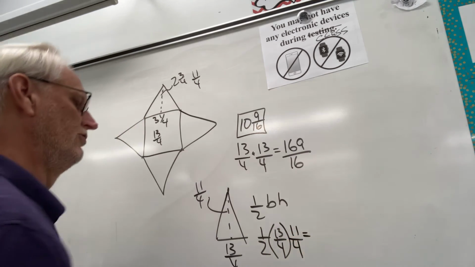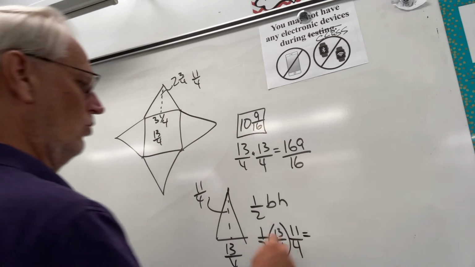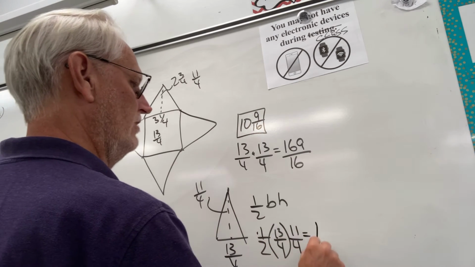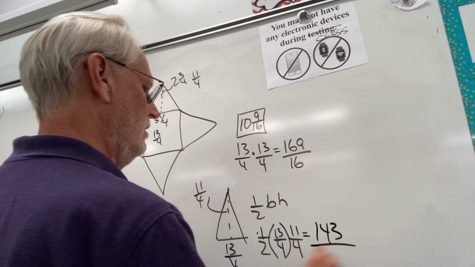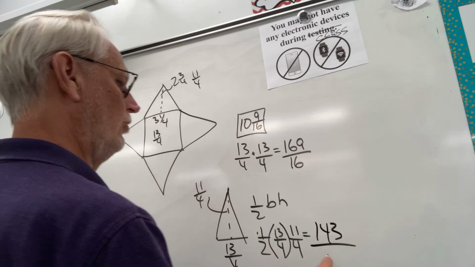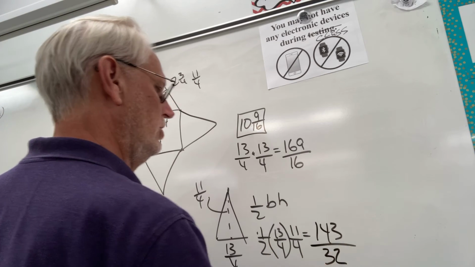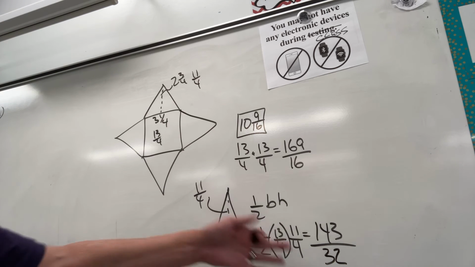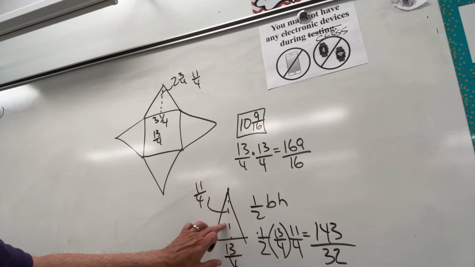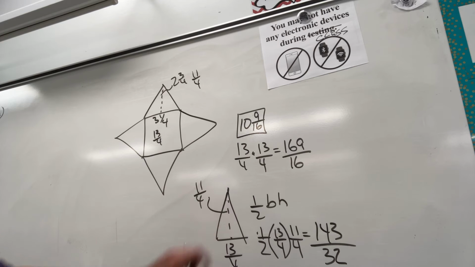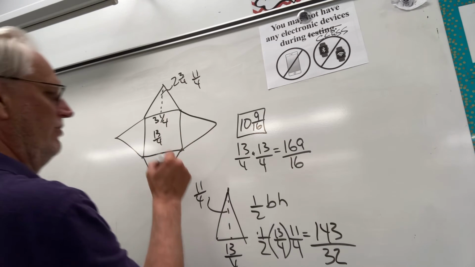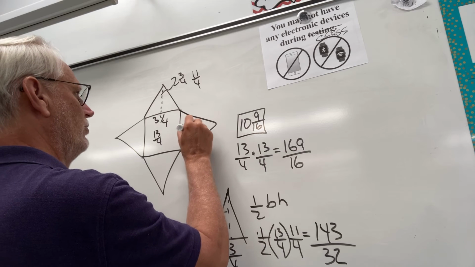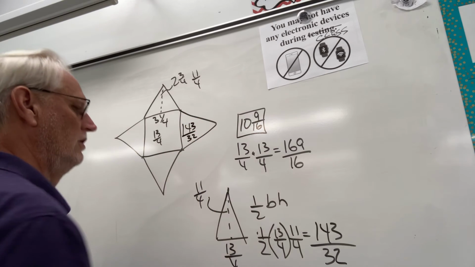And that's going to give me 1 times 13 times 11 is 143. 2 times 4 times 4 is 32. So that gives me the area of 1. So the area of one of these is 143 over 32.